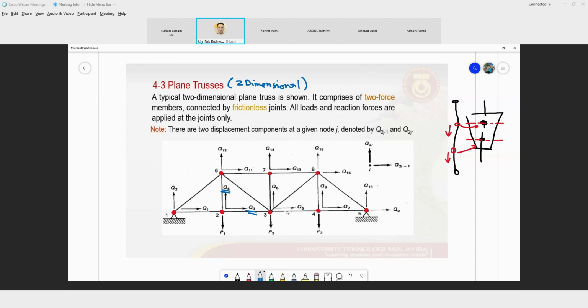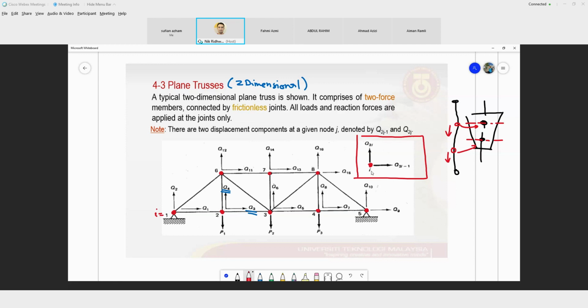So in these examples, let's say if we look at these figures, these figures actually explain that if I am at node I, I can be any node lah, dia boleh jadi I pada node 1.